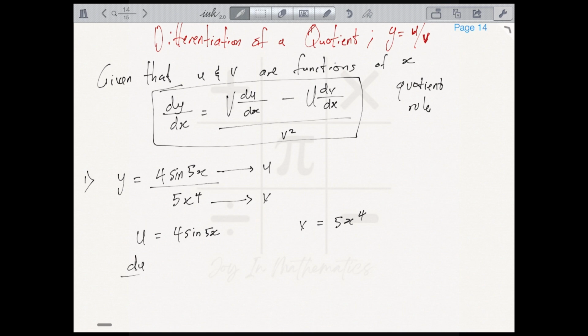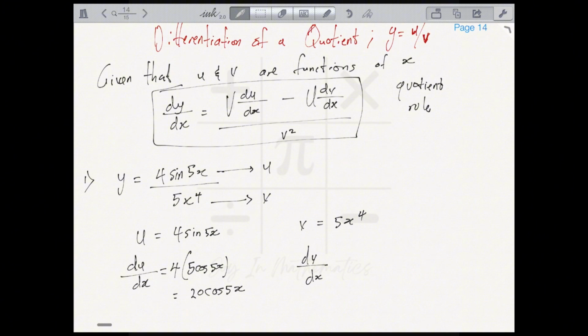Now we have to evaluate du/dx and also dv/dx. Okay, so let's evaluate du/dx now. We know 4 is a constant multiple, and then we have 5 cos 5x when we apply differentiation of sine ax, and this will give us 20 cos 5x.